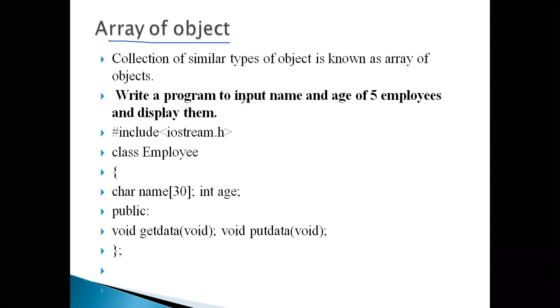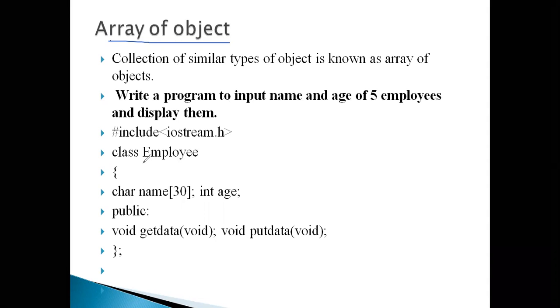Now look at this particular one. I am going to create multiple objects, not only a single object, of the same class, not for different classes. For a single class, I am creating multiple objects.